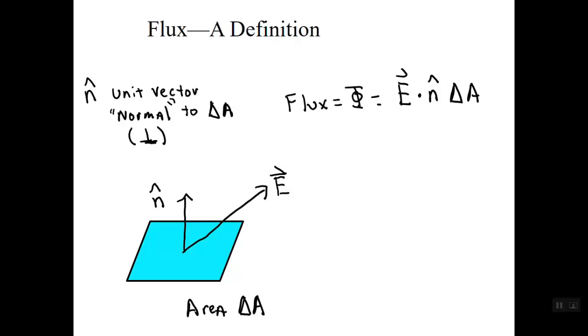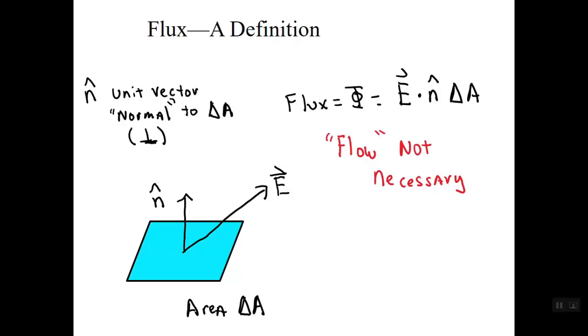Let me emphasize here that the concept of flowing is not needed here. What is essential is that we have a vector field, here vector E, defined on some surface, here delta A. Those are the key ingredients for computing the flux of vector E on the surface delta A.